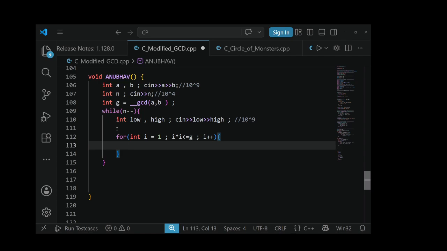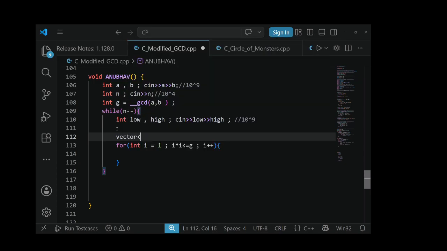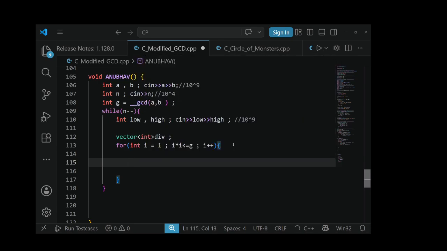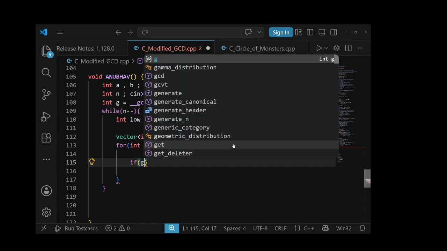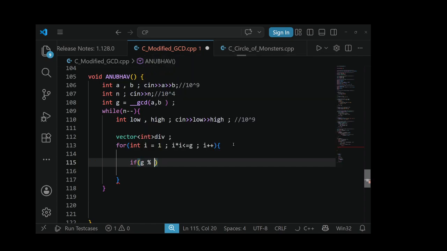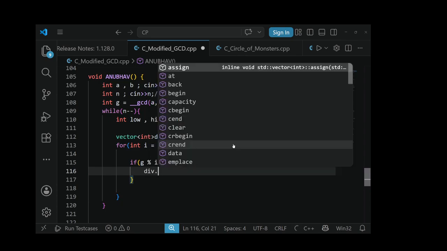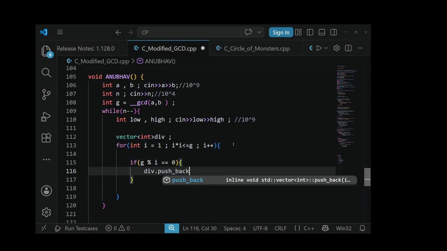Here we can create a vector int divisors, which would be storing the values, and if G divided by i is equal to 0, then we will push back i into divisors.